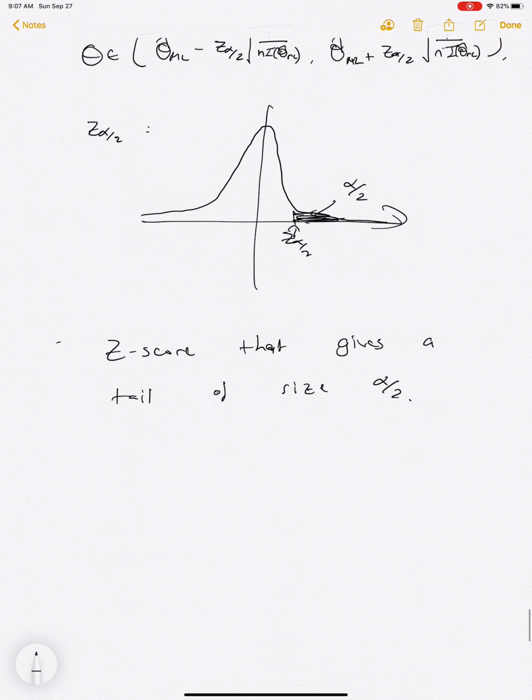Okay, and so this is for the standard normal. And we're actually going to do this with a few examples in the next lecture.